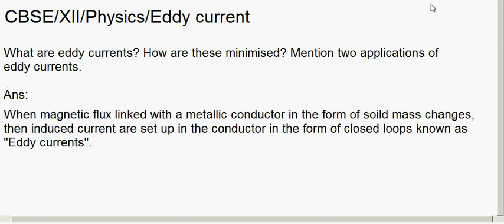Let me read once again. When magnetic flux linked with a metallic conductor in the form of solid mass changes, then induced currents are set up in the conductor in the form of closed loops, known as eddy currents.